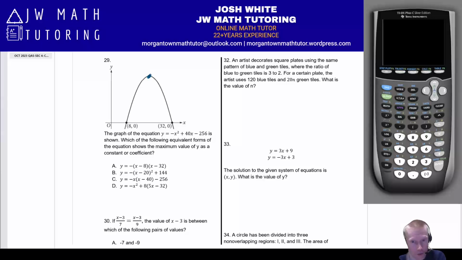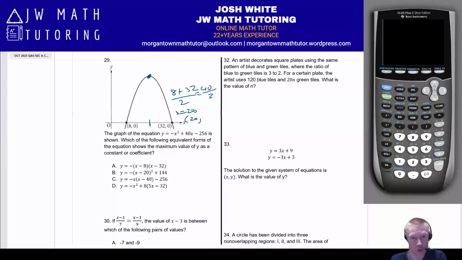But the other thing that you could notice is that the vertex is symmetrical with respect to the x-intercepts. It's halfway between them. So if you take 8, you take 32, you add them together, that's 40. You divide that by 2, that's going to be 20. That means the x-coordinate, or the h value for your vertex, is going to be 20.